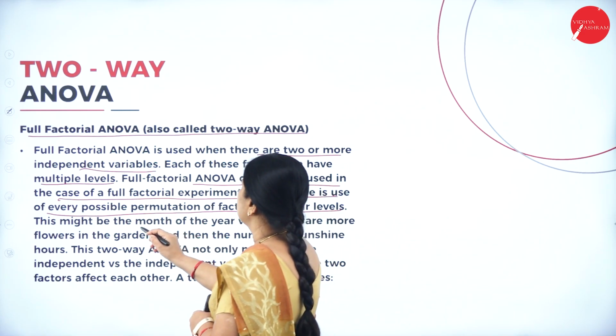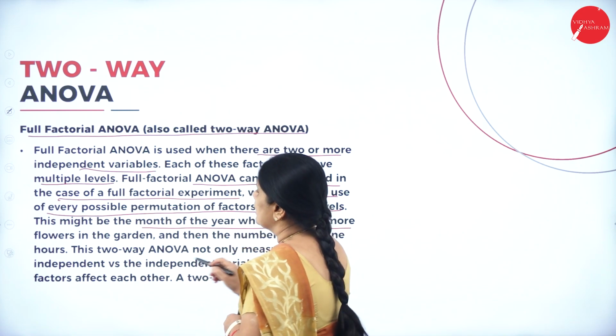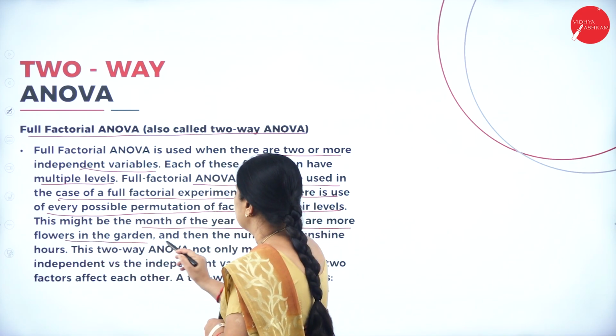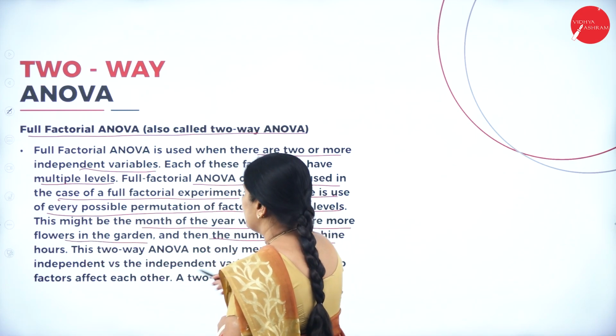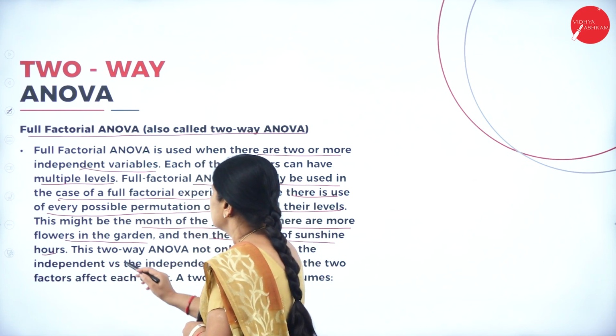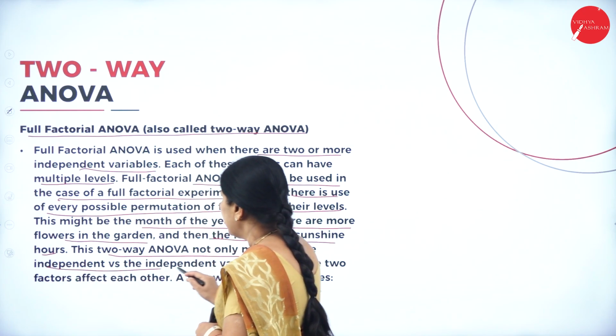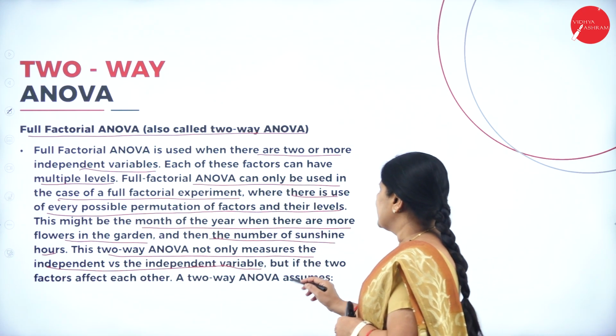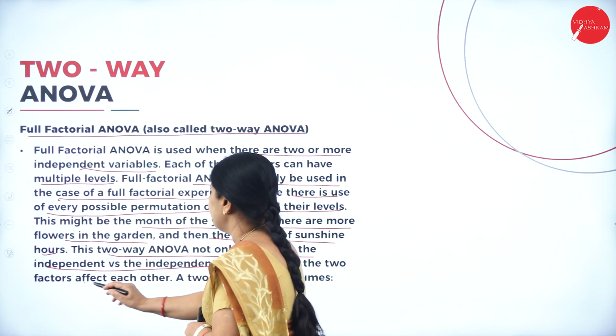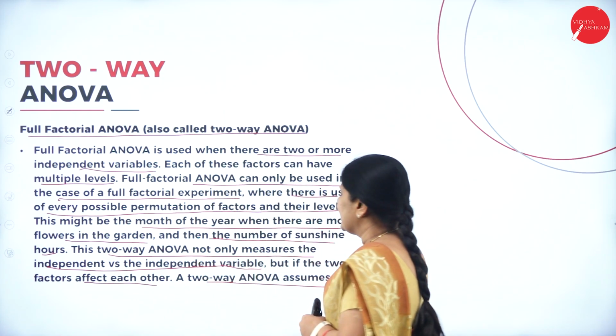This might be the month of the year when there are more flowers in the garden, and the number of sunshine hours. So this two-way ANOVA not only measures the independent versus dependent, but whether the two factors affect each other.